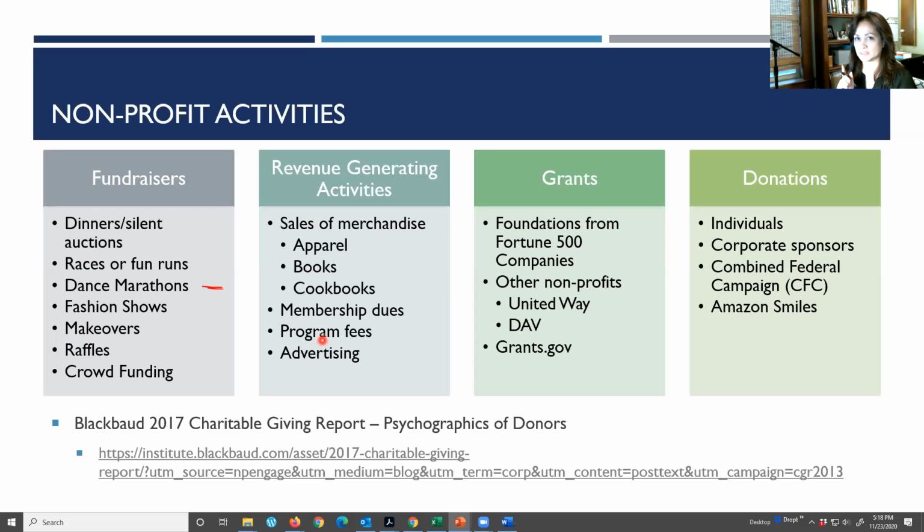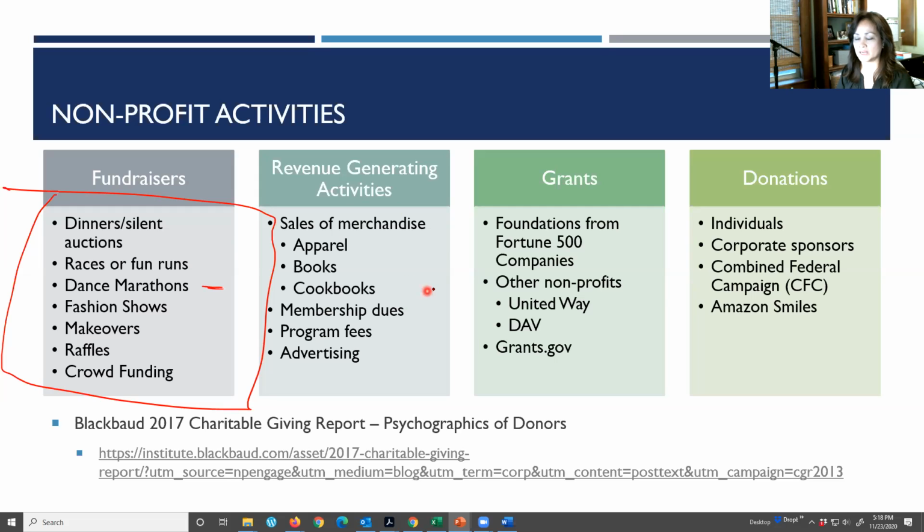So she raises a lot of money to provide free dance lessons for other injured veterans through Arthur Murray Studios. They do these dance marathons, and all the proceeds go to fund lessons for these veterans. Okay, so these are examples of different fundraisers that organizations can do.